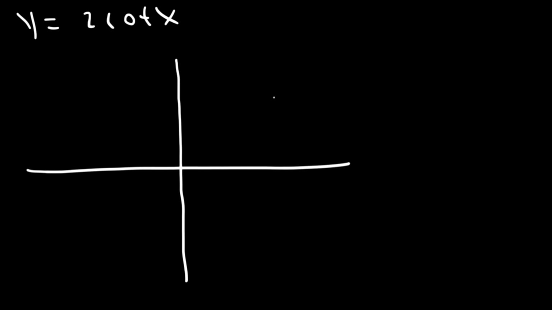Now the vertical asymptotes are not the same as they are in tangent. The vertical asymptotes are x equals 0, pi, and 2 pi. And on the left side, it's going to be negative pi and negative 2 pi.